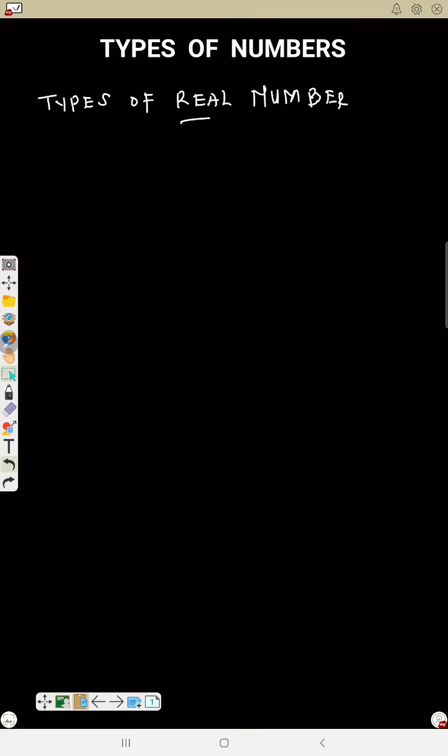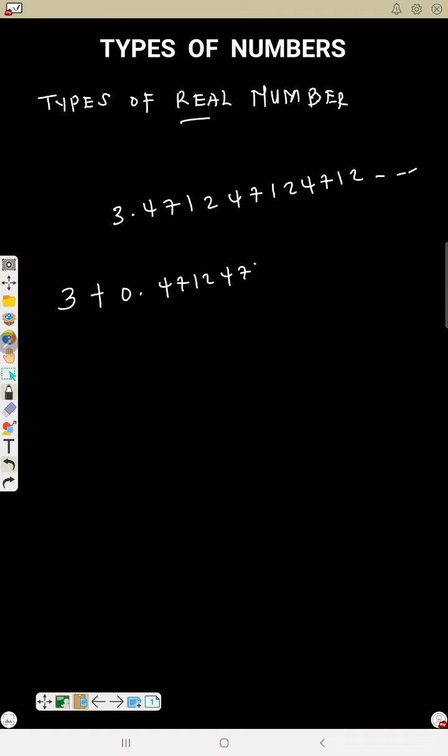Now what of 3.4712 continue. So how can you change this to fraction? This is 3 plus 0.4712 4712 continue.